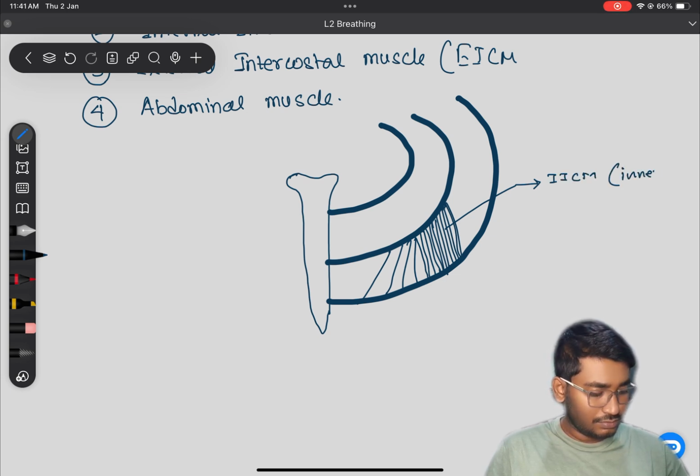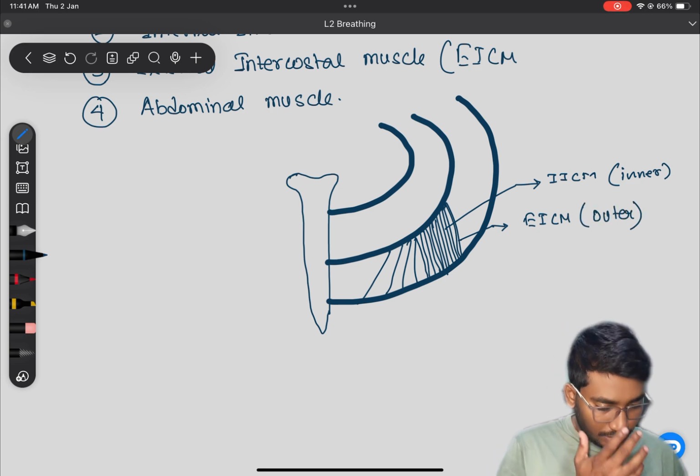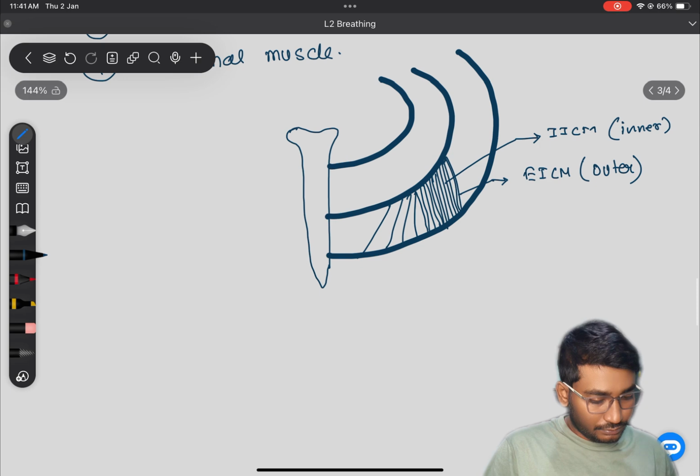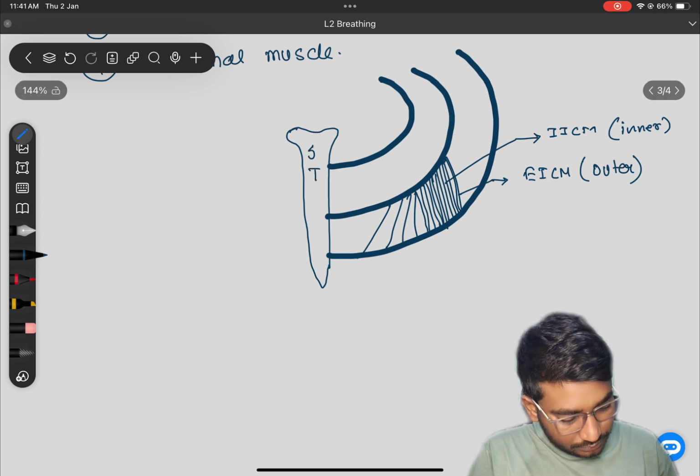Inner, and this one is the external intercostal muscle, which is outer. Okay, now this one is the sternum.